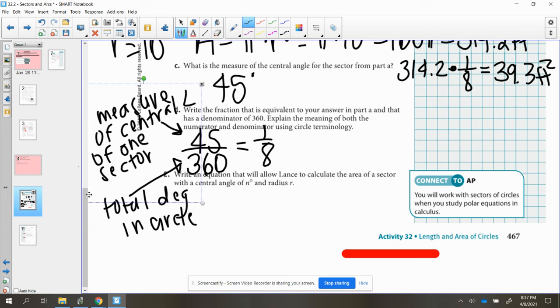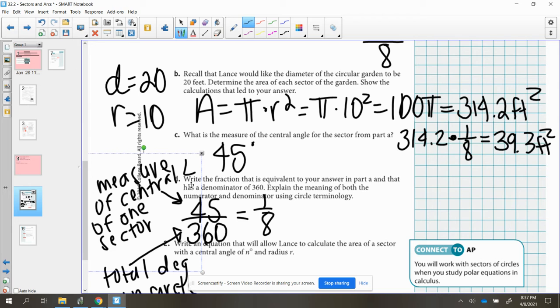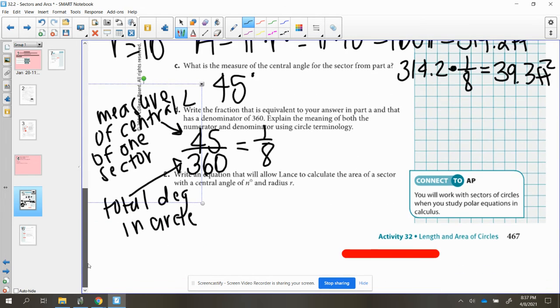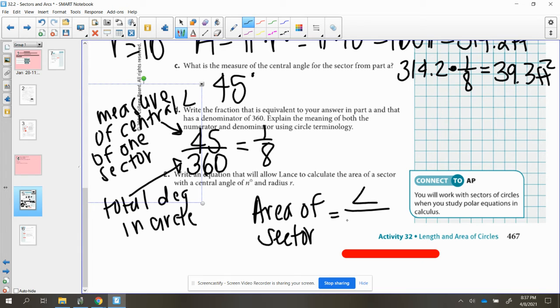This fractional value, the angle measure over 360, multiplied by your overall total area, gives you the area of that one singular sector. That's where the area of a sector formula comes from. We take the central angle measure divided by 360 degrees and multiply it by pi times your radius squared. So you definitely are going to want to have written down this formula for area of a sector.